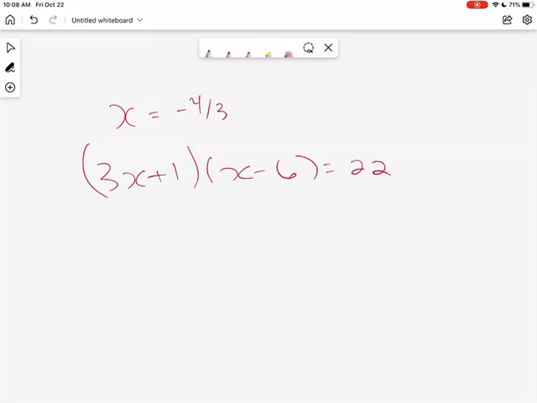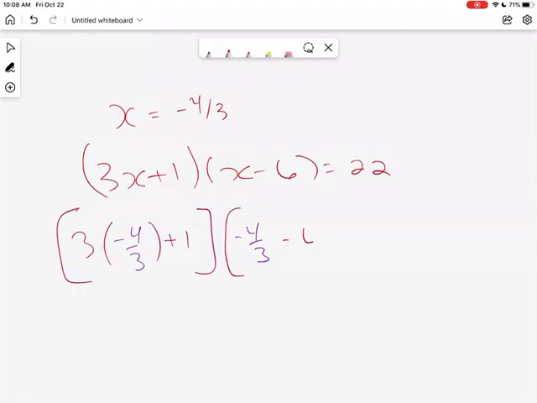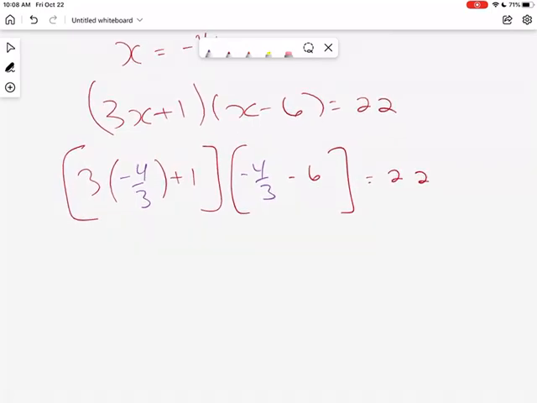So when I go to plug in negative 4/3 for my x value, it's going to look like this. This one we just calculated. It looks like it's just negative 4 plus 1, which gives me negative 3. Okay, that's on this side.